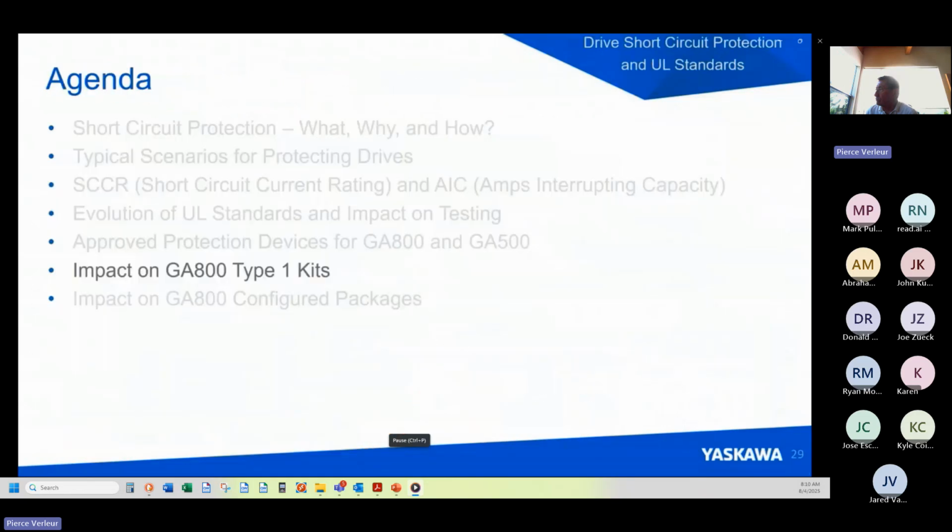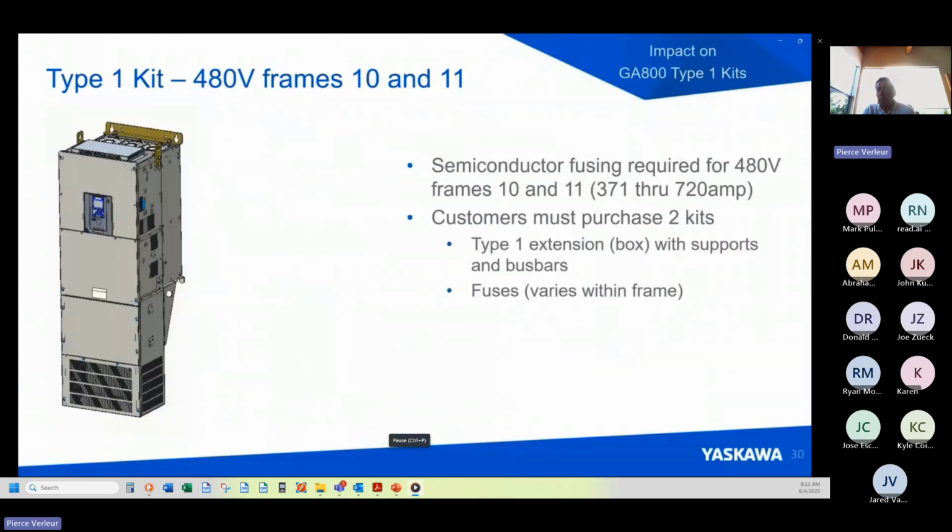Okay, so let's talk about the impact on our Type 1 kits for the GA800. First of all, as you may recall, if you're familiar with the GA800, it goes to very large sizes, up to 600 horsepower. Well, frames 10 and 11, 371 through 720 amps.